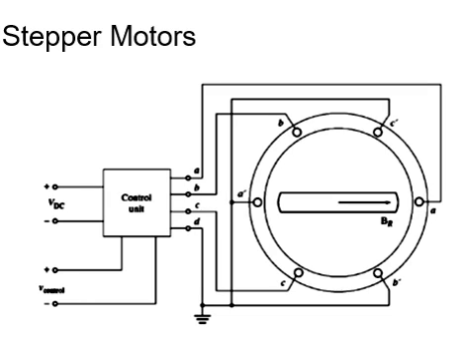Now we come to know about stepper motors. Now we want to discuss the stepper motors, in which the motors are not rotating in one go, but they are rotating in steps.